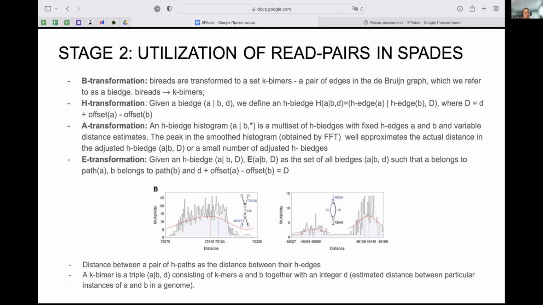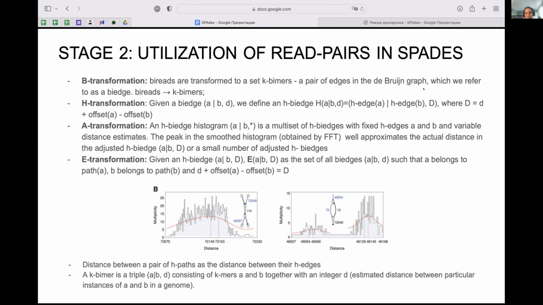In the H transformation, given a bi-edge (A, B) and the estimated distance D between these edges, we define H of (A, B, D) as H of A and H of B. So basically, as you recall, these are the starting edges of the paths that A and B belong to.